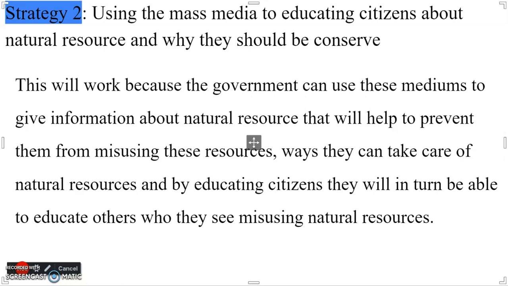For example, using advertisements that use animation, cartoons, flyers, and posters to give information about natural resources and how they can be conserved, the importance of natural resources, and the ways that citizens can misuse natural resources, right? That will help to prevent them from misusing these resources. Ways they can take care of natural resources, right? And by educating citizens, they will in turn be able to educate others who they see misusing natural resources, right?